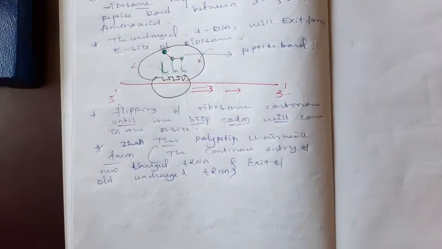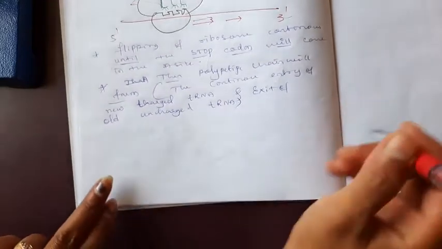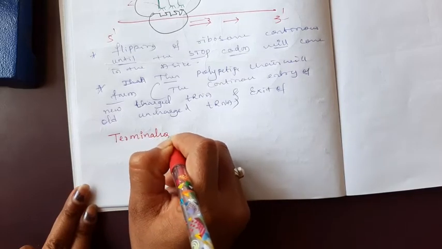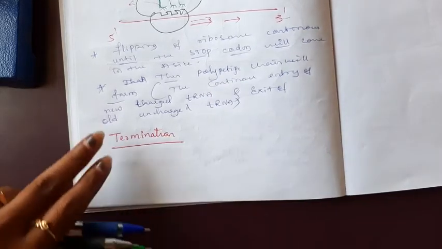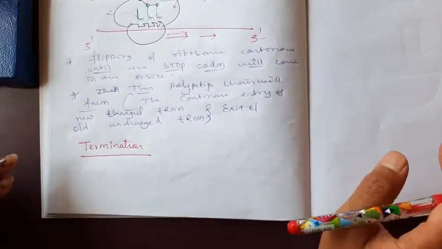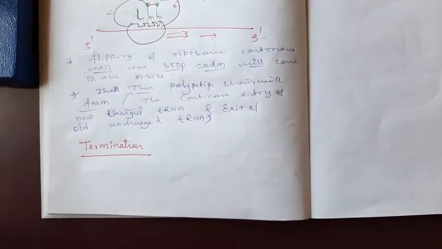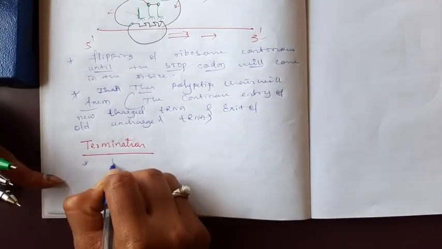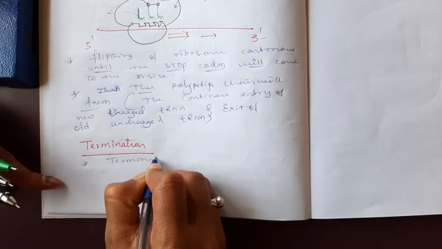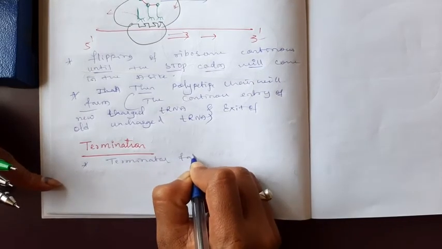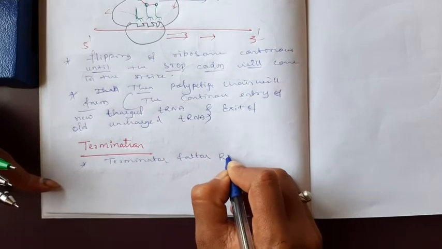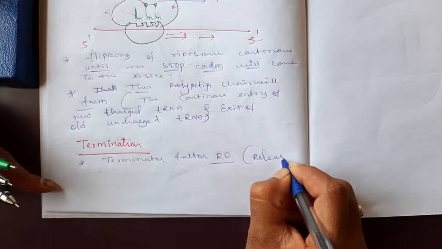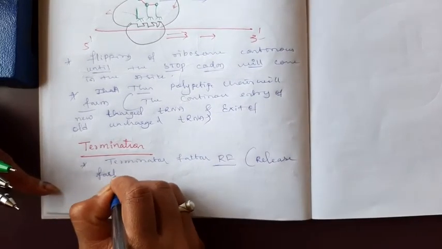Now we can discuss the termination process. This is the third step in translation. This termination process occurs by termination factors, known as RF factors, which are nothing but the release factors.